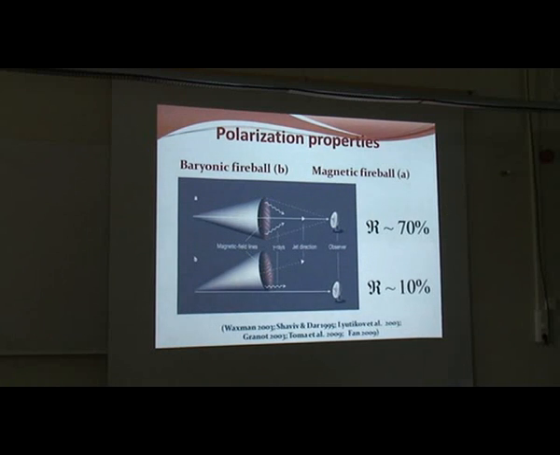So the polarization of these photons couldn't be effectively averaged. That's why usually people will detect a really high linear polarization. But in the baryonic fireball, really high linear polarization is only obtainable when our line of sight is slightly outside of the edge of the jet. So the detection rate is not high.